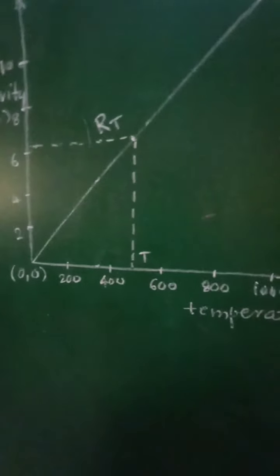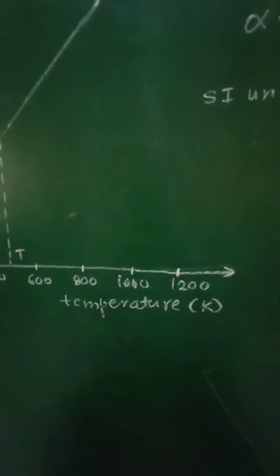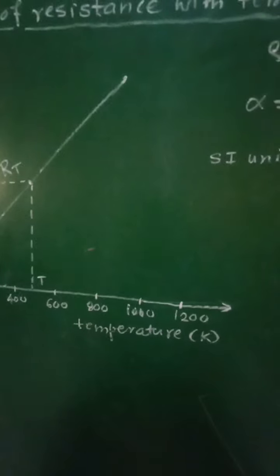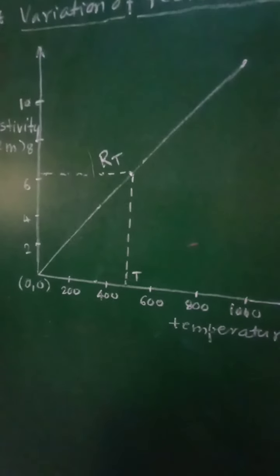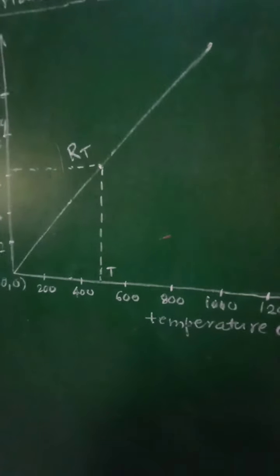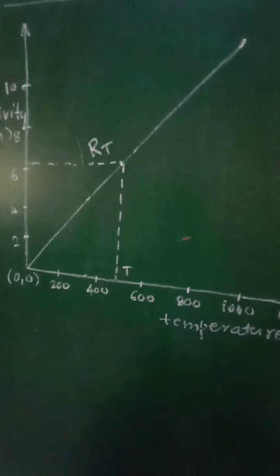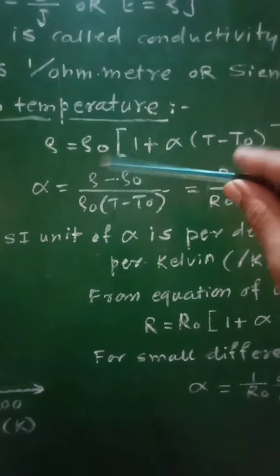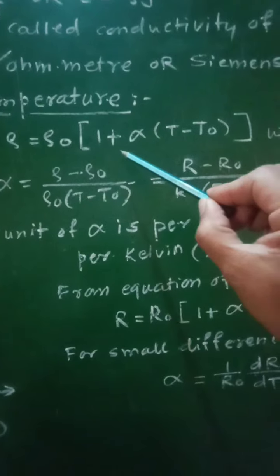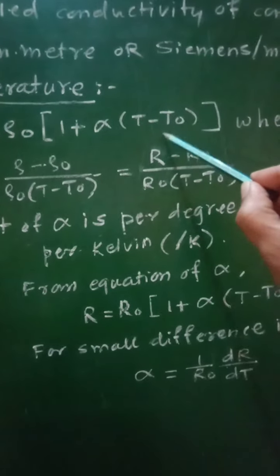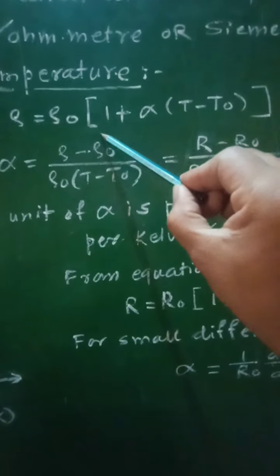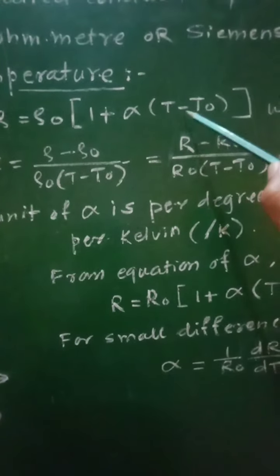Therefore, from this graph it is clear that the linear variation between the resistivity and the temperature will be given by the equation rho equal to rho 0 into 1 plus alpha into T minus T0. Rho is equal to rho 0 into 1 plus alpha into T minus T0.